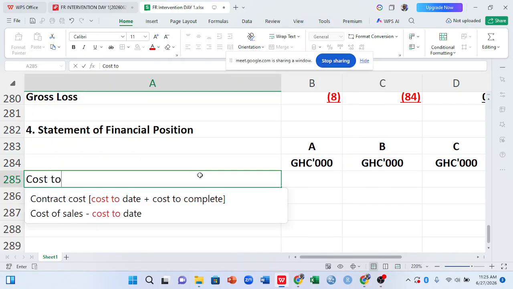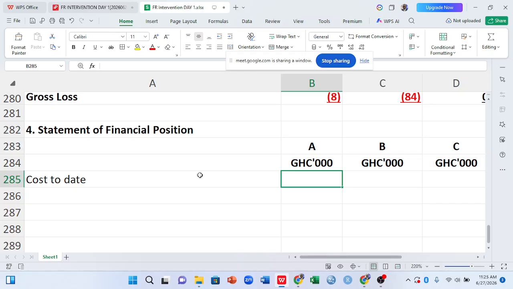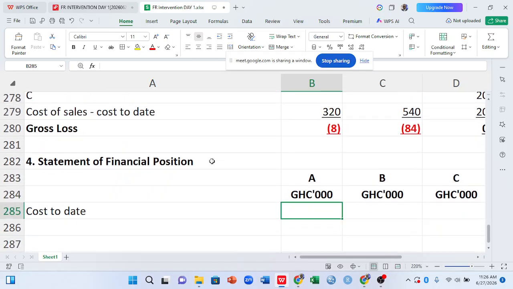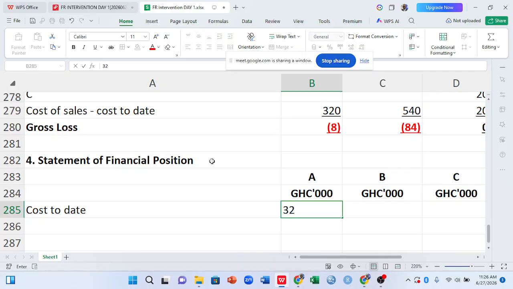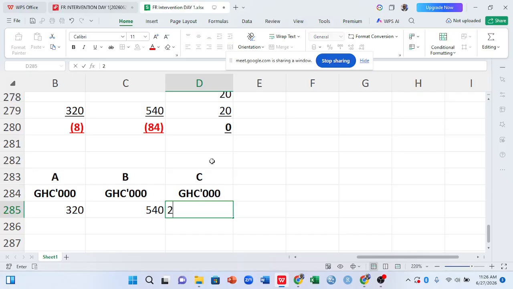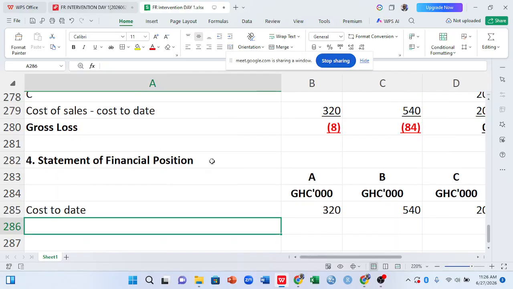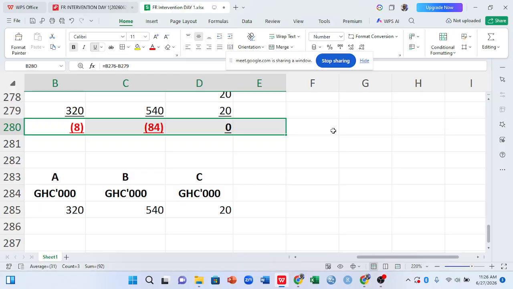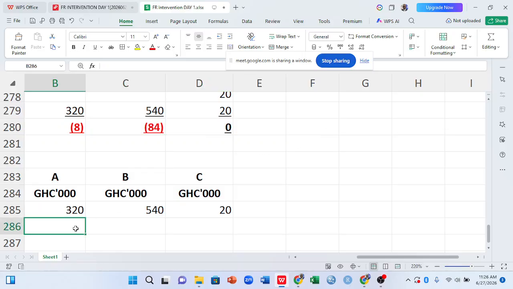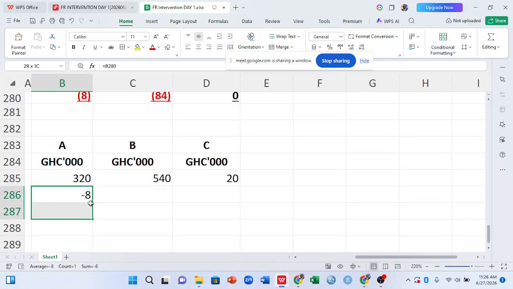You first bring your cost to date, which we know is 320, 540, and 20. You add your profits, that's your gross profit or loss. We had a gross loss, so we'll just bring it here.